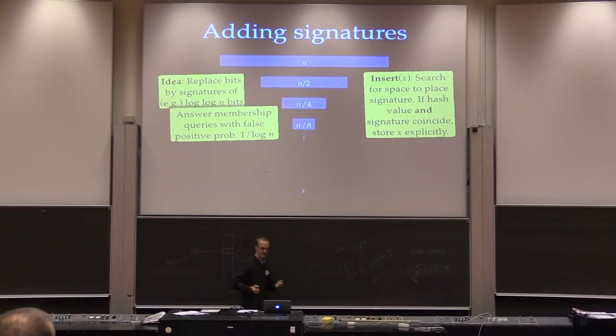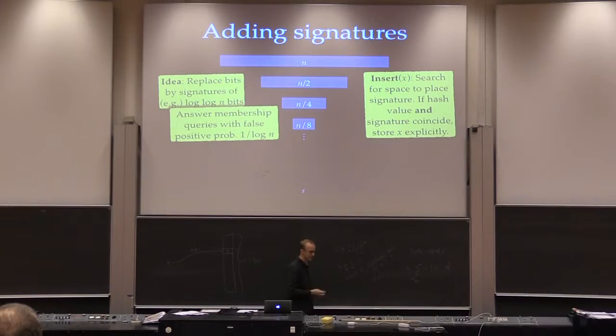So the thing that can go wrong here is, the goal is still to have perfect hashing. What could go wrong is that we have the same hash value and the same signature. And that would lead to two things hashing to the same place. But it turns out to be not too bad, because this happens rarely enough. This happens just with probability 1 over log n. So whenever this happens, we can actually afford to store just the key itself.